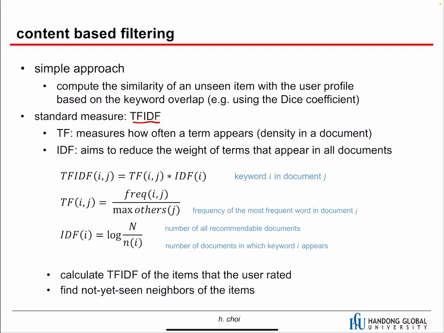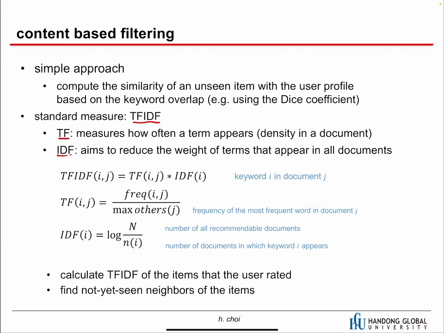TF measures how often a term appears; it is term frequency. And IDF aims to reduce the weight of the terms that appear in all documents. This one is inverse document frequency. If one word appears in all the documents, then that word is not an important word, right?